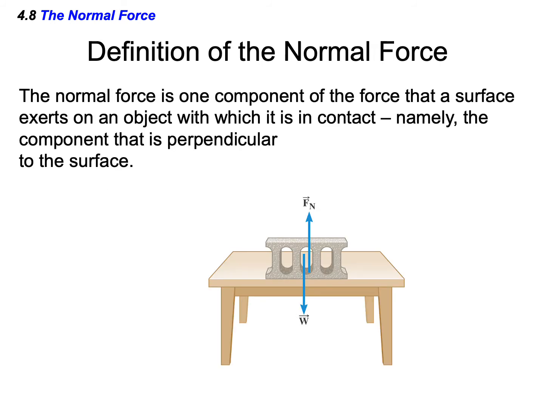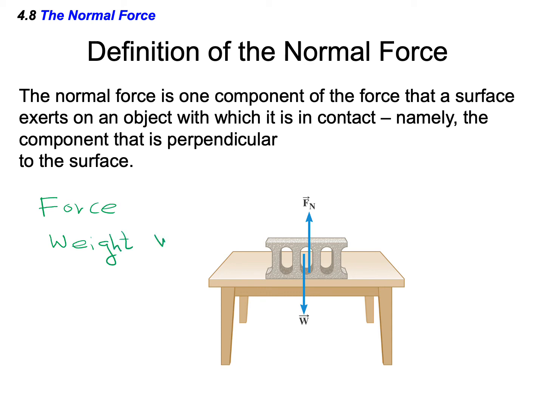So, definition of a normal force. By this time, we have talked about a couple of different types of forces. Force is a common name, but in the next few slides, you will see there are different types of forces, and we just talked about weight, which is a force.